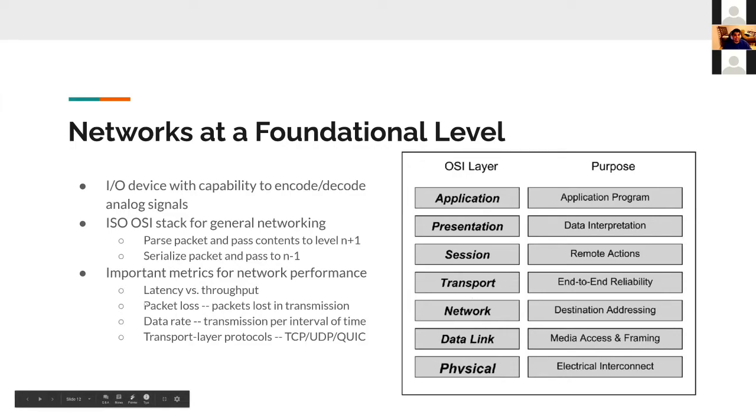The obvious ones are kind of latency versus throughput. There's a subtle difference here. Latency is kind of the end-to-end time, the time it takes for some request to go from your computer and kind of come back, right? The full round trip time. Whereas the throughput measures the exact time it takes on the server side, right?